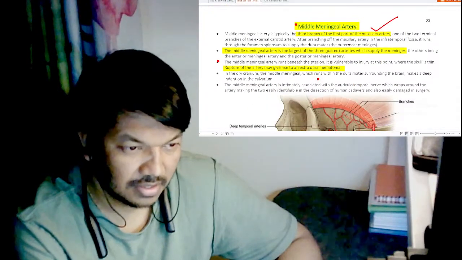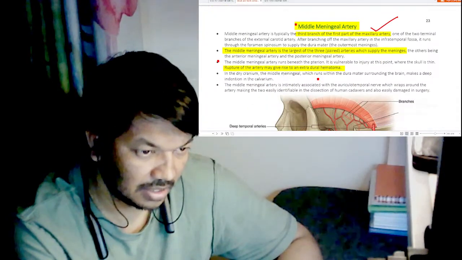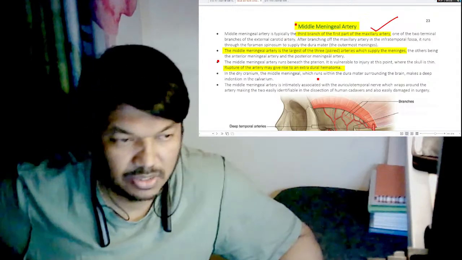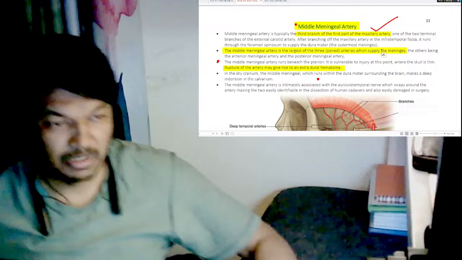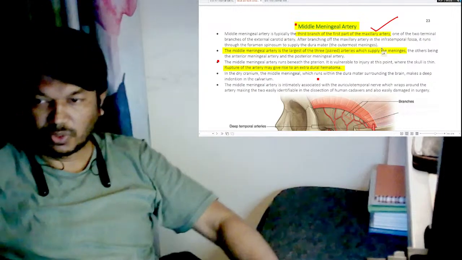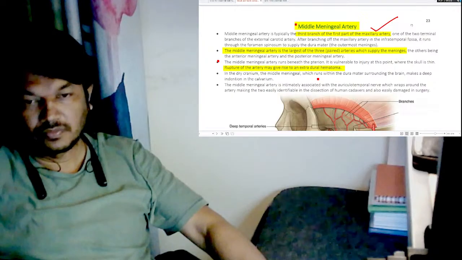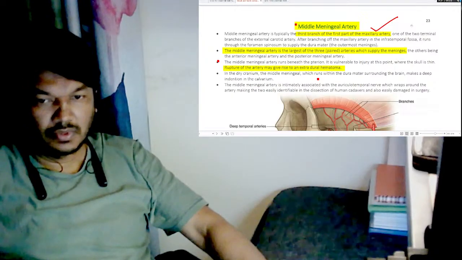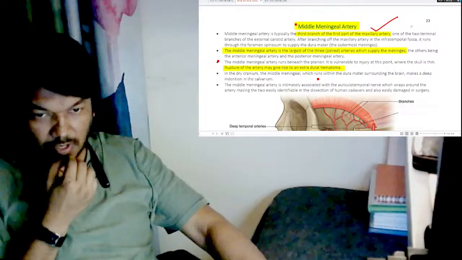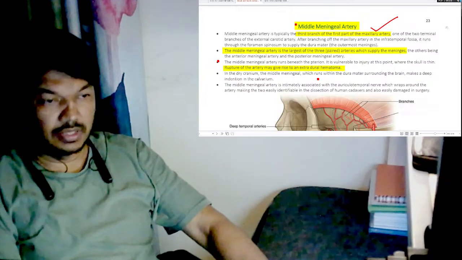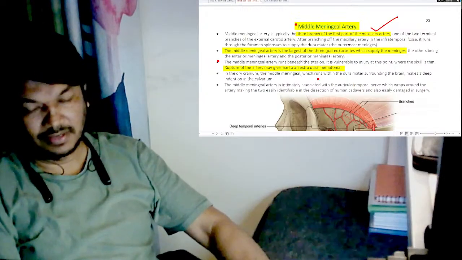Middle meningeal artery is very important. Middle meningeal artery is the largest of all the arteries which give supply to the meninges. And middle meningeal artery, where do they arise from? They arise mainly from maxillary artery, yes, from maxillary artery.